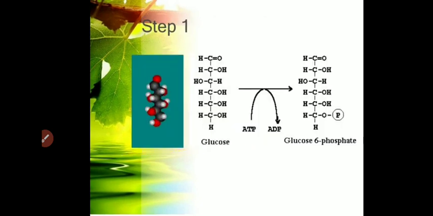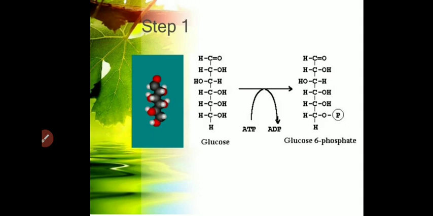So an irreversible reaction is carried out in step 1, and this irreversible reaction is catalyzed with the help of the hexokinase enzyme.